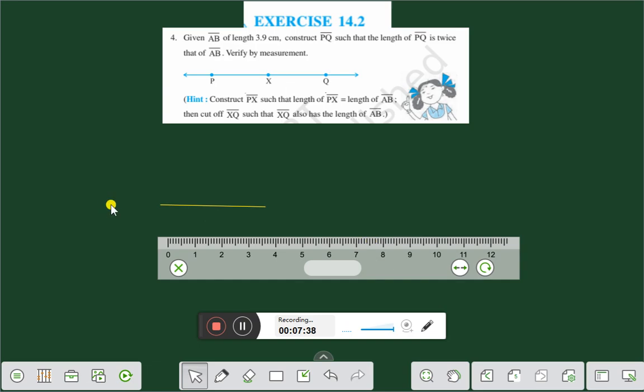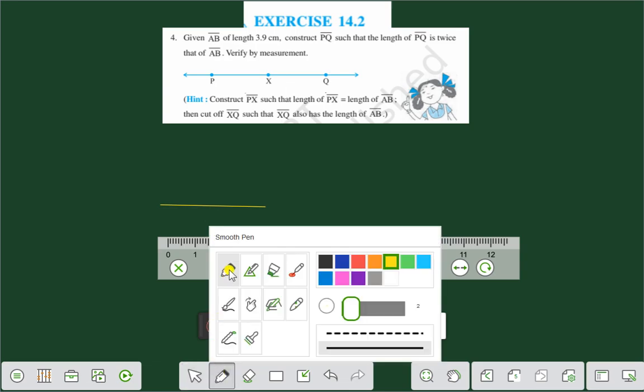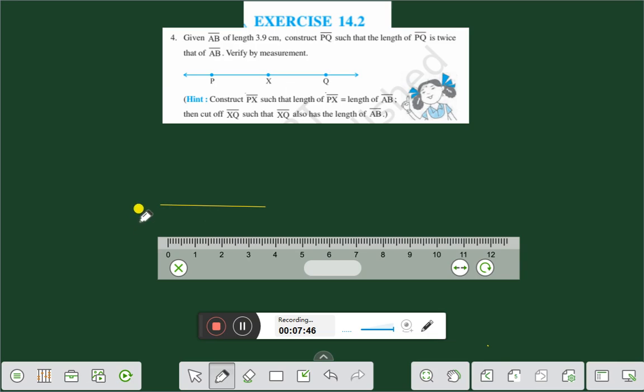You can also name it as P and X, and the value of PX is the same as that of AB, 3.9 centimeter. Again we extend this PX line by another 3.9.